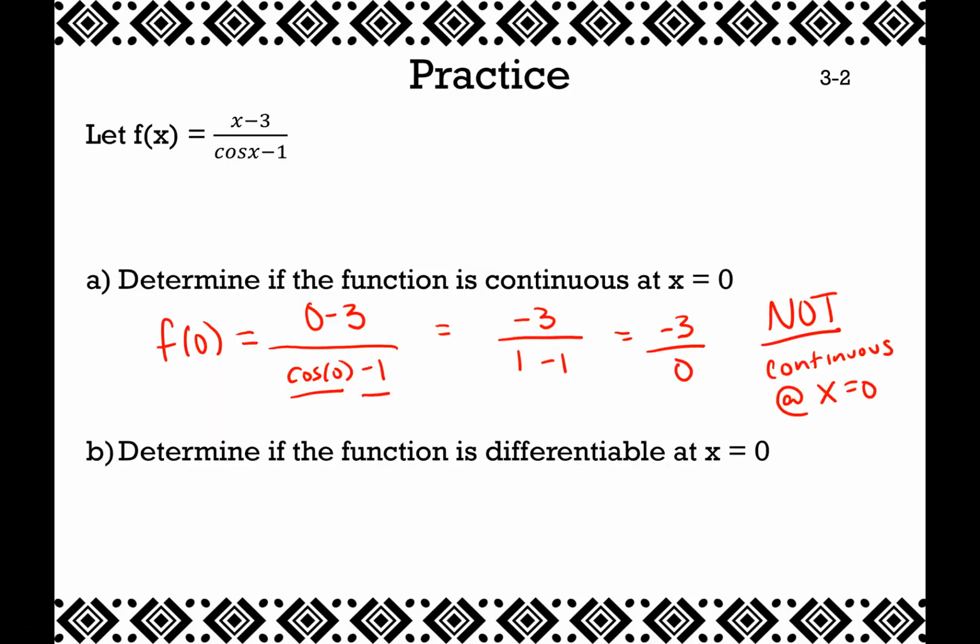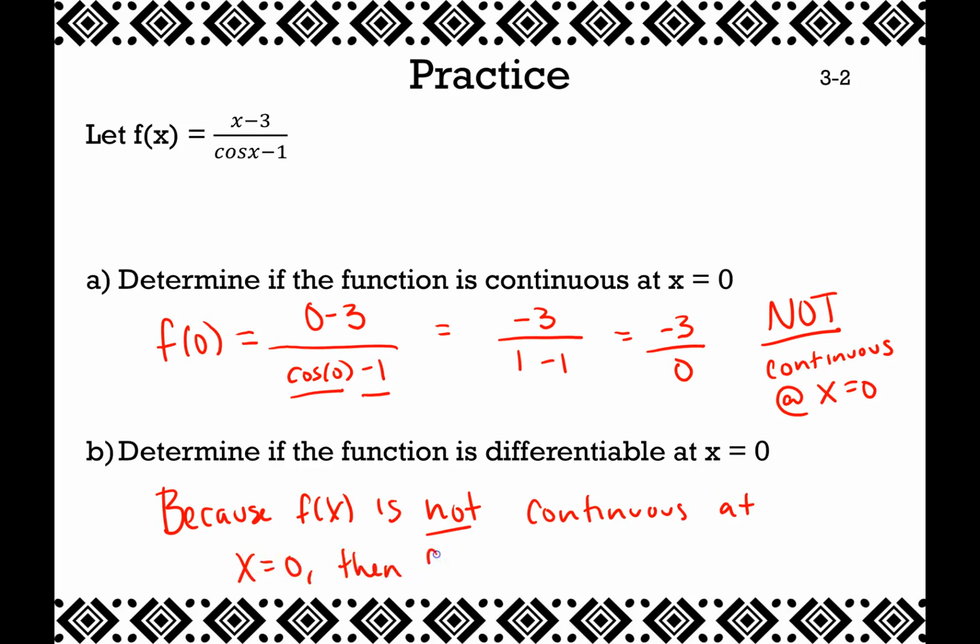Okay, so because f of x is not continuous at x equals 0, then f of x is not differentiable at x equals 0 either. That's key. If you find for A that it's not continuous, then you would of course say for B that it's not differentiable.